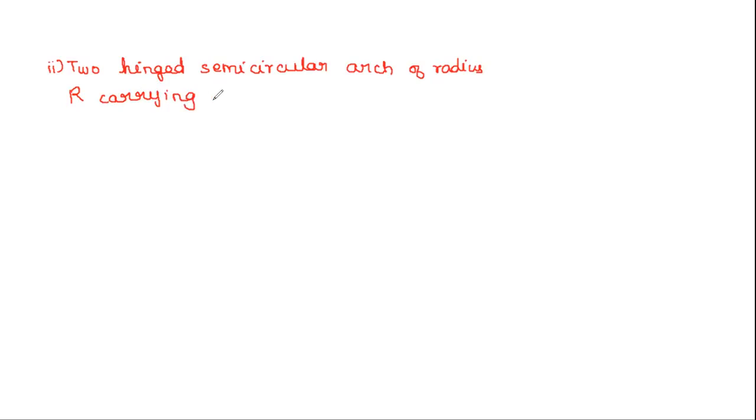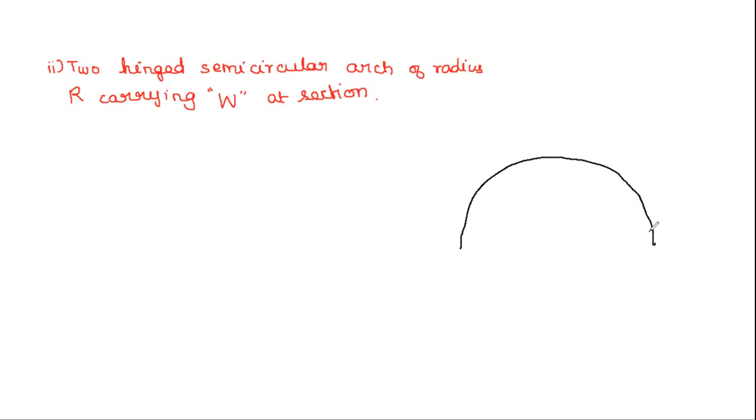So it is not acting at the exact crown point, it will act at some other point. So what will be the diagram?